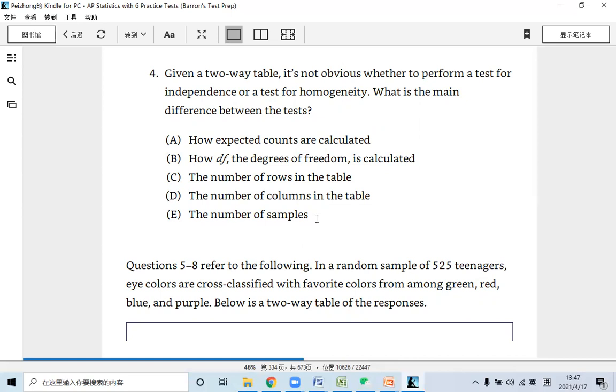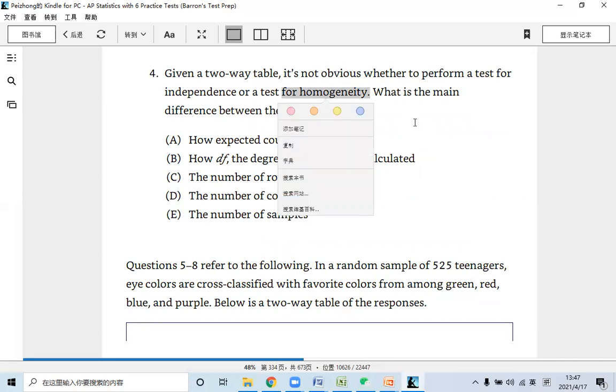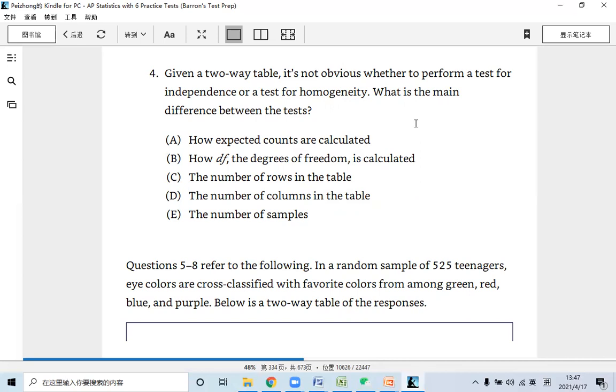But if you have multiple samples, you use a test for homogeneity. With multiple samples, you're testing, do these different samples have the same proportions? Are they homogeneous?